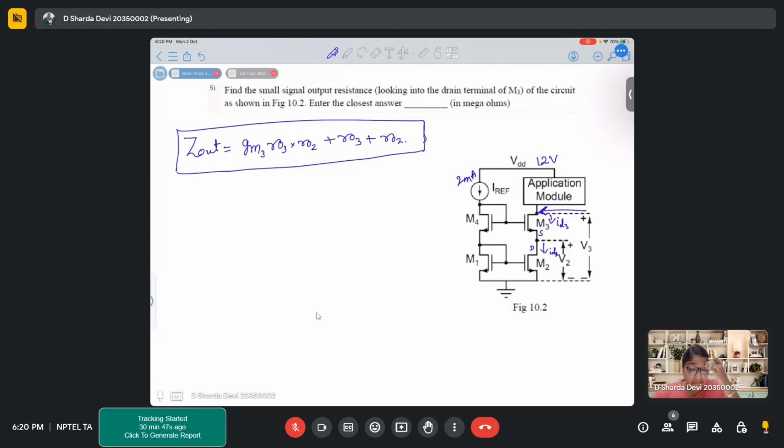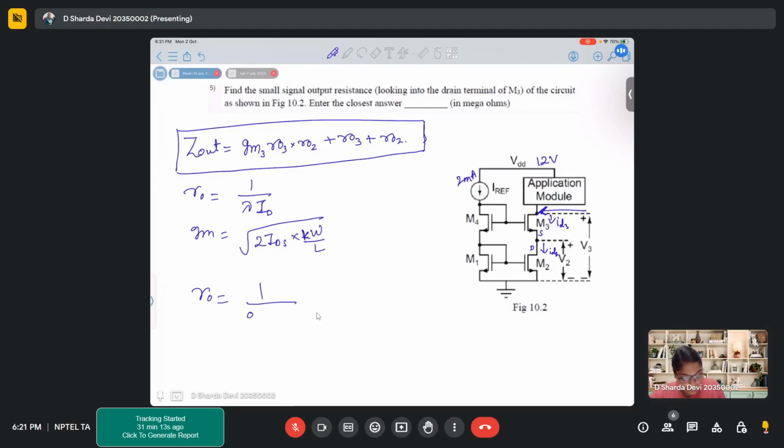So this type of resistance, or output impedance, we will observe. Now here we know that R0 is 1 by lambda into ID, and GM is also known, that is root of 2 times IDS into KW by L, right? So we'll simply substitute the values and calculate.